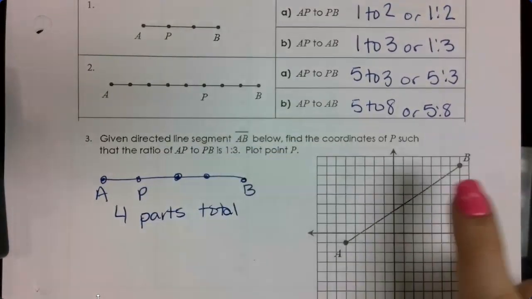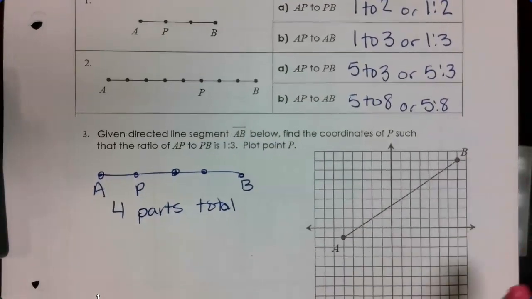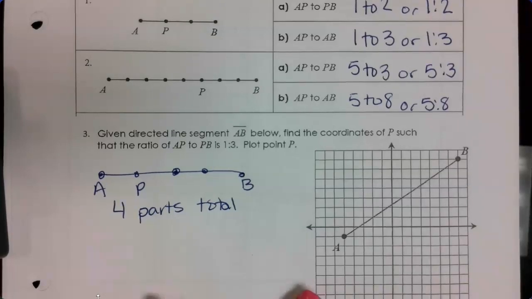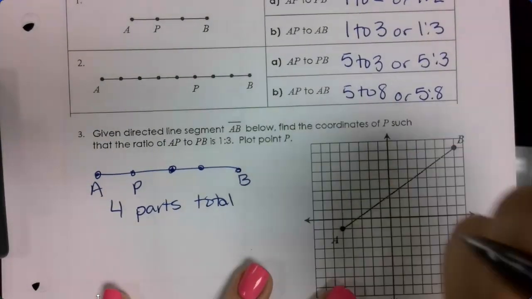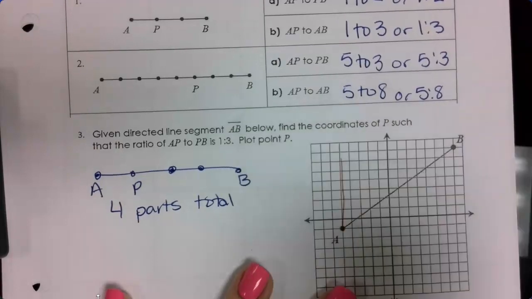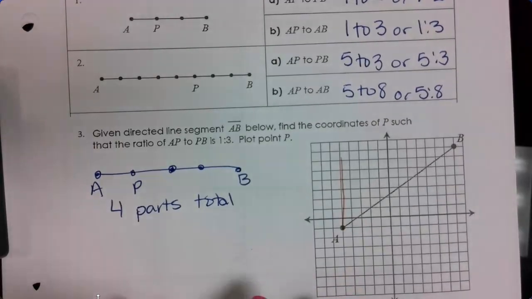So what do you think I want to do with this line, the actual line that I have? I want to break it up into 4 parts. So before I do that, I want to figure out my slope. How many squares am I going up from A to B?